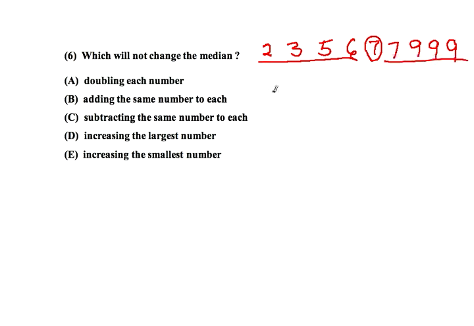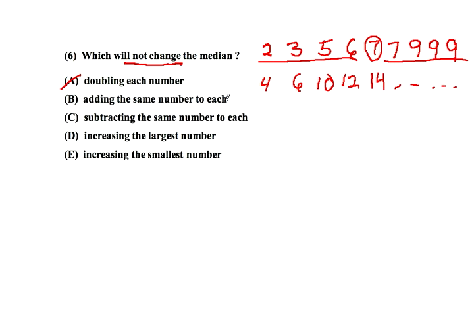Well, doubling each number, so remember we want those that will not change. Will doubling each number change the median? Well, we have 4, 6, 10, 12, 14. Well, obviously it will, because now the median will be 14 if we continue on here.